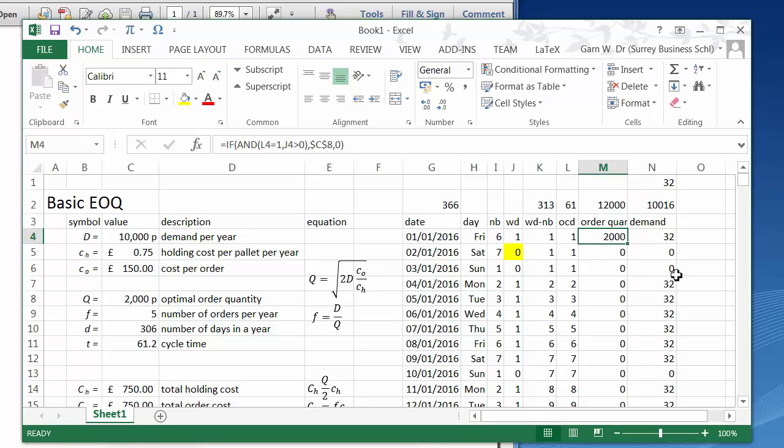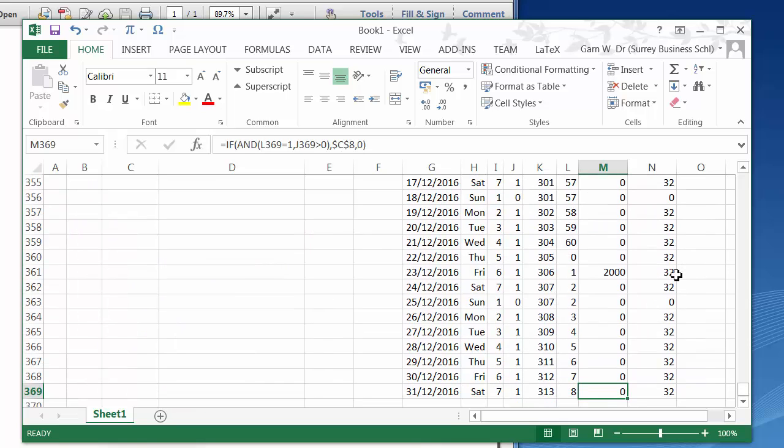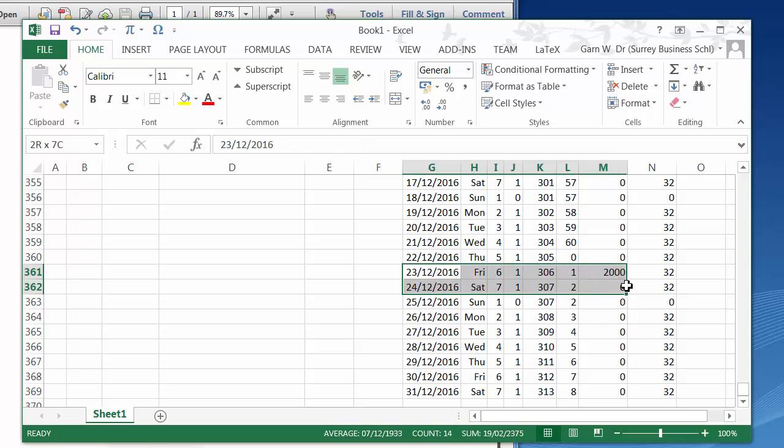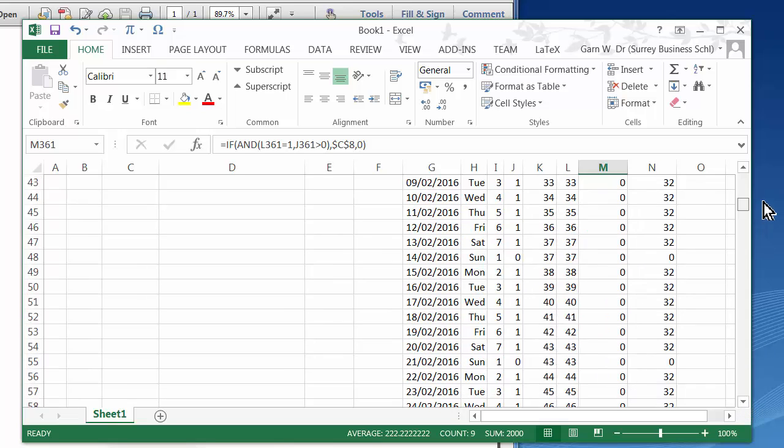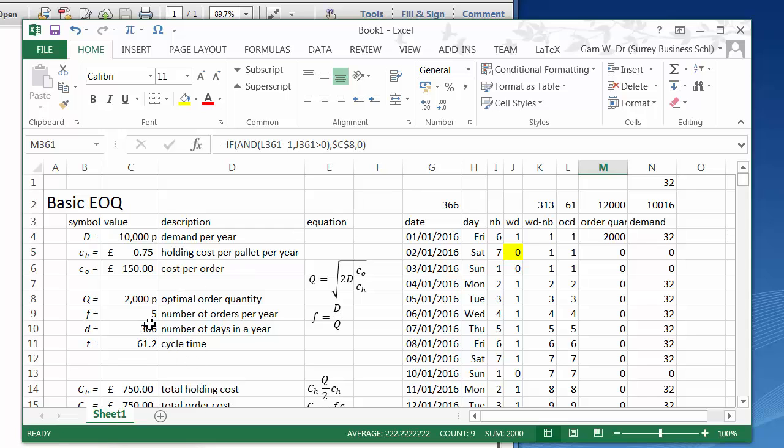So why does that happen? Just before the end of the year, there are a couple of days where we actually have this demand of 2,000. So this is pretty annoying. And we do know that there are only 5 orders.